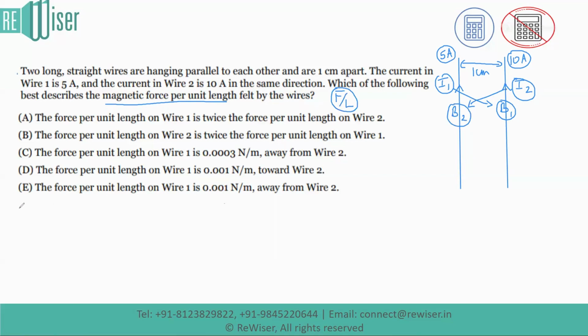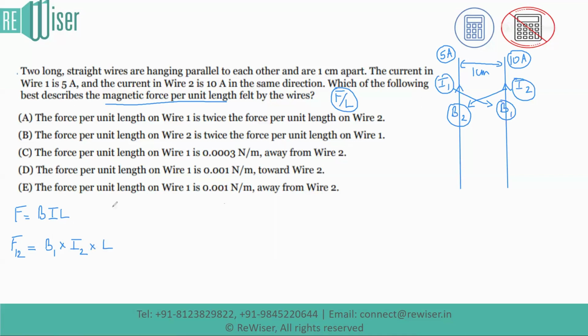We know that the force F is equal to BIL sine theta. We'll ignore the sine theta, assuming that they are perpendicular. So F equals BIL. To be specific, the force applied by current 1 on current 2 is equal to the magnetic field produced by current 1 into the current I2 into the length.